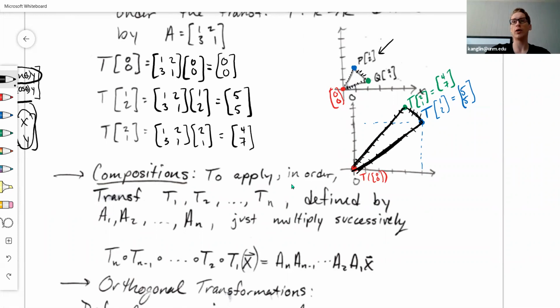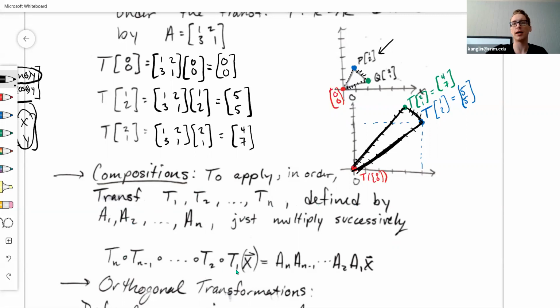And if we want to apply in order transformations T1 and then T2 and then T3, all the way out to some nth transformation Tn, and we have a matrix that defines each of those, the matrix defining T1 is A1, the matrix defining T2 is A2, and so on, then applying these transformations successively, one after another, is the same as just multiplying by these matrices one after another. Right? It makes easy sense.